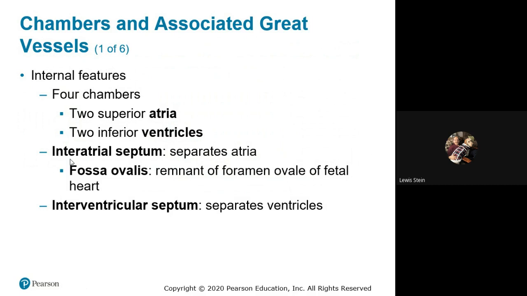So it becomes the fossa ovalis. That's the name in adults. In some individuals, that opening has a tiny pinpoint opening. It's a birth defect that some people never even notice. So it's a persistent foramen ovale rather than a complete formation of the fossa ovalis.